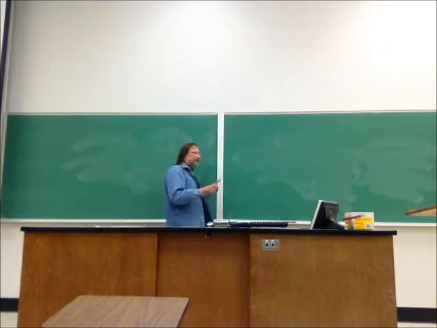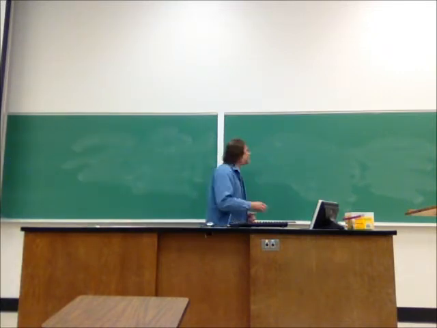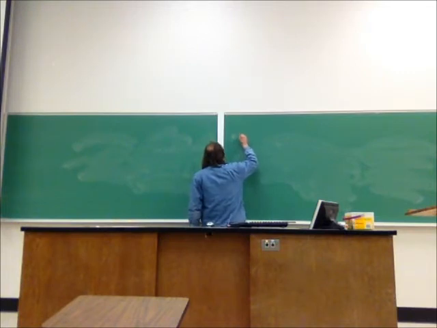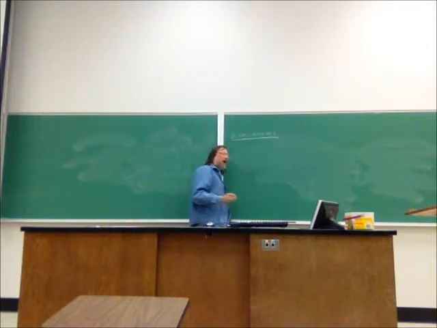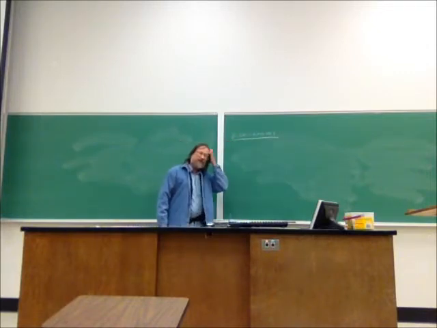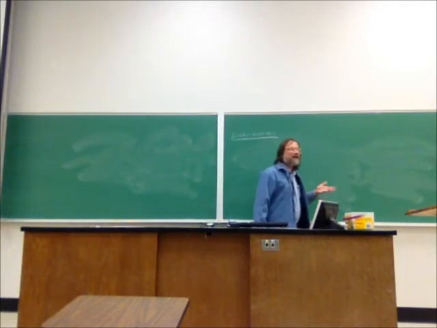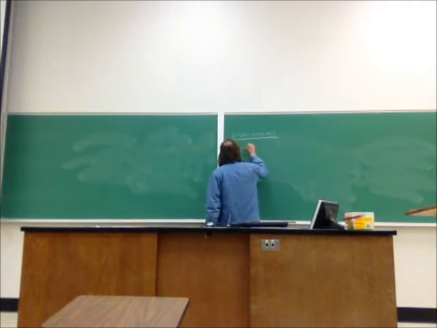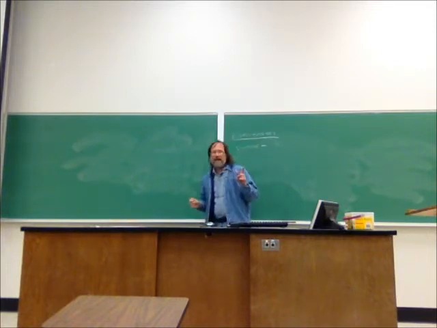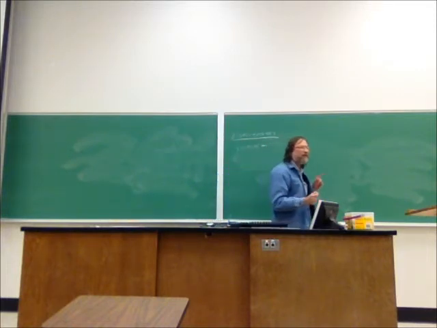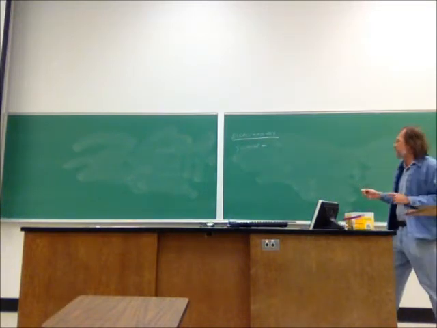So disaccharides are two sugars covalently bonded together. The one that we're most familiar with, you see on your breakfast table every morning. That's sucrose. Sucrose is a glucose molecule covalently bonded to a fructose.